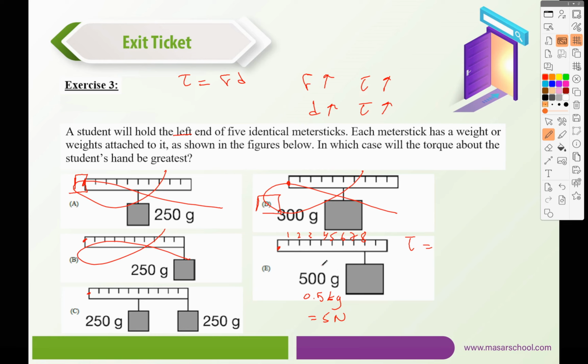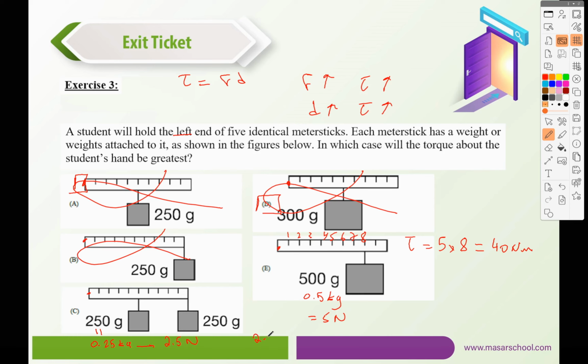Alright. So the torque in this case would be 5 times 8, let's suppose, which is 40 Newton meters. And in this case, we need to calculate the torque produced due to two forces. That would be 0.25 kg, which is 2.5 newtons.